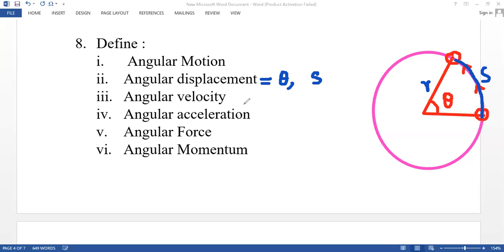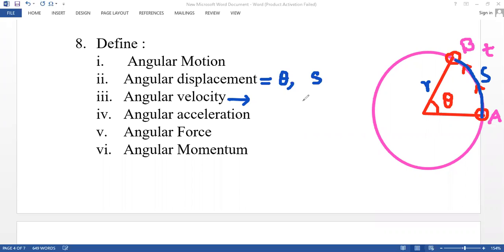And what is angular velocity? Angular displacement per unit time. Think that the body travels from A to B, and the time needed is t seconds.